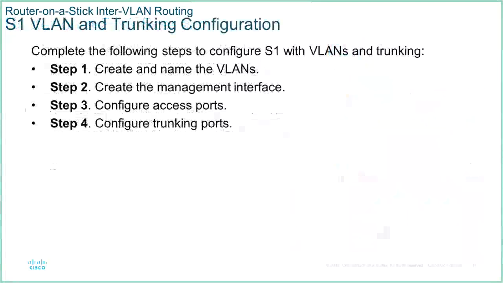So we need to configure the VLANs, create the management interfaces, configure all of our ports, in other words, associate them with the appropriate VLANs that we're running with, and configure the trunk ports.